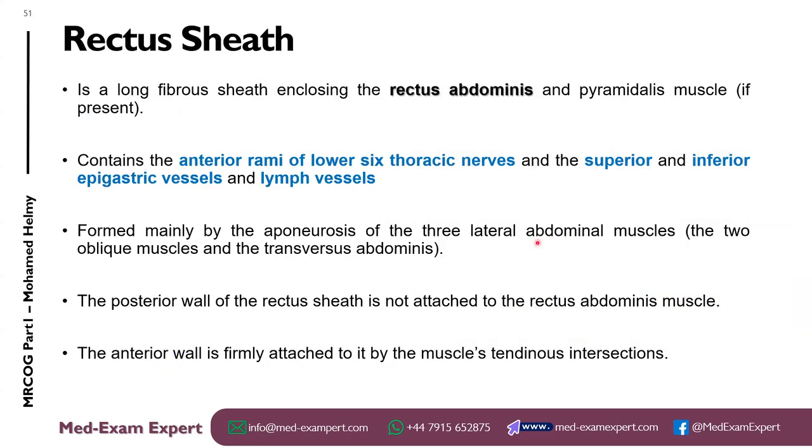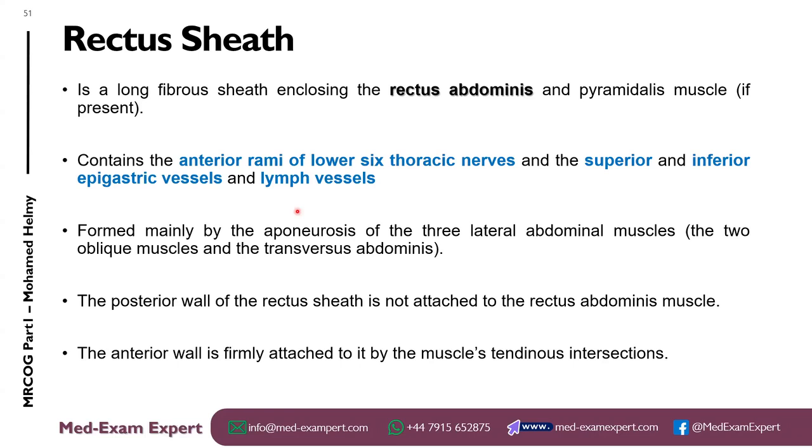As mentioned before, the rectus sheath is a fibrous sheath covering the rectus abdominis muscle and the pyramidalis muscle if present. This sheath contains the lower six thoracic nerves, superior and inferior epigastric vessels, and lymph vessels. The formation of the rectus sheath is divided into three parts.